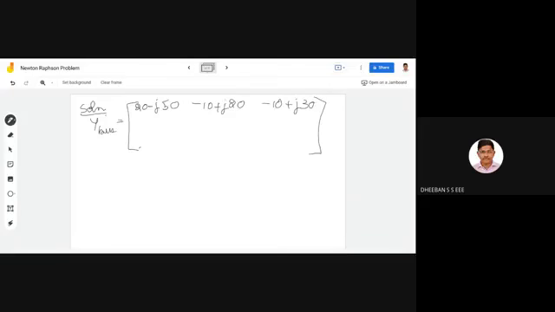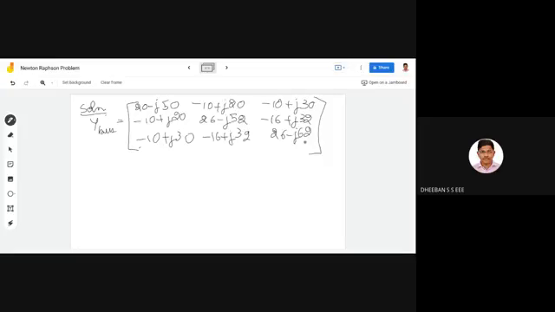Okay, so after this it is again the reciprocal, so it is minus 10 plus j20, and over here it will be minus 10 plus j30, and the diagonal is 26 minus j52, and over here it is minus 16 plus j32, so it is symmetrical, so minus 16 plus j32, so the final one is 26 minus j62.